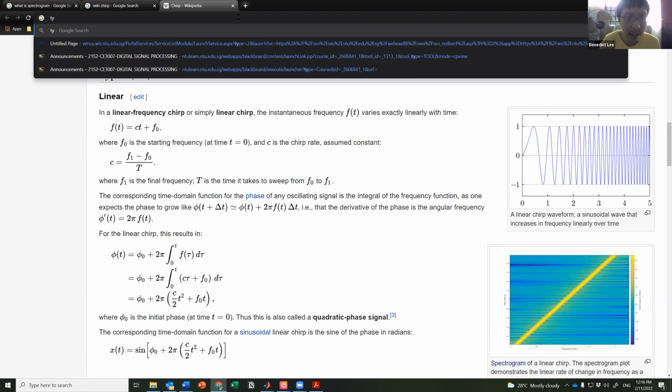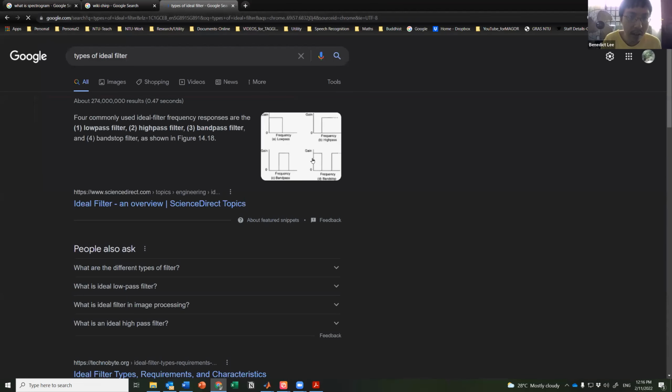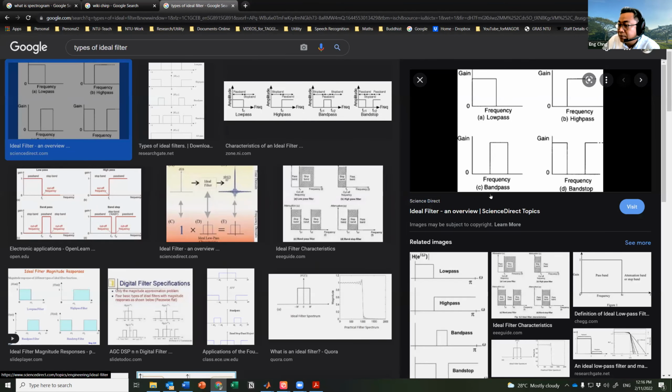Band pass, is it? What does band pass mean? Filters out a specific band of frequencies. Okay, so look at this. What is band pass? The gain is 1 here.